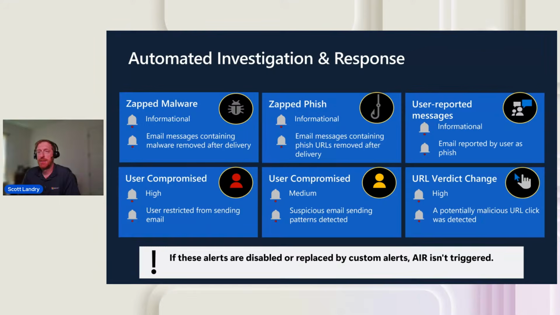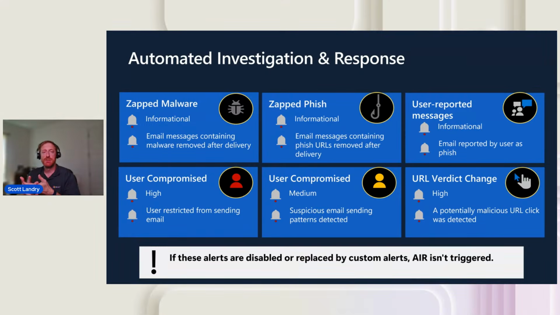Another example of this might be things that look similar, but they're not close enough to have a very specific IOC. We can do clustering, as you'll see in a second, across similar type messages. But investigation and response also starts to take some of these other signals that we have across the MDO and Office 365 landscape in terms of detecting user compromise.